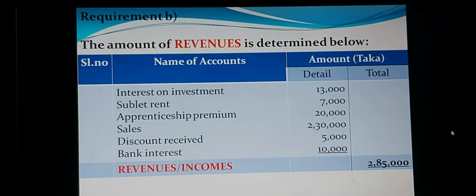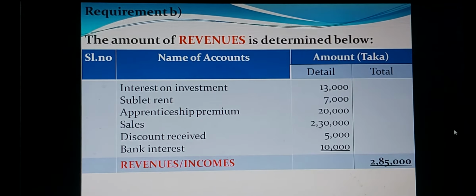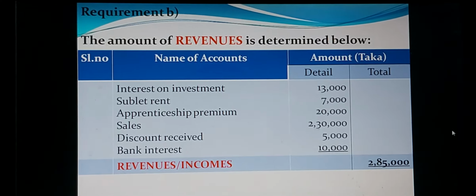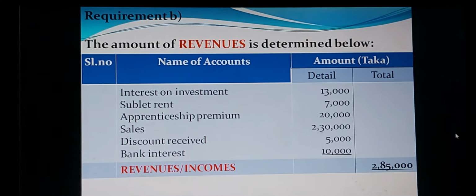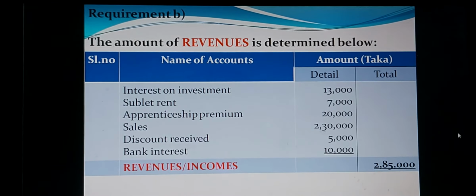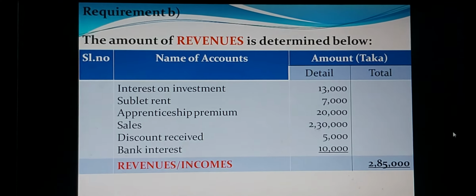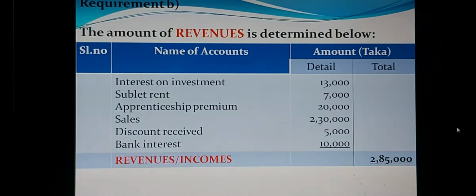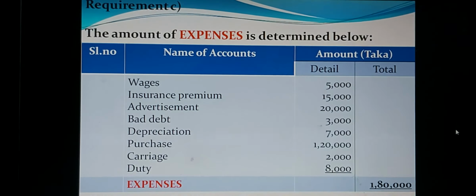So bank interest always indicated as revenue. So in this question, total amount of revenues is 2,85,000. Okay, I think you are matching with the answer. Now you can go to the requirement C.